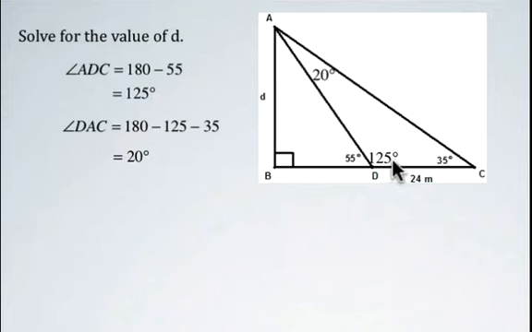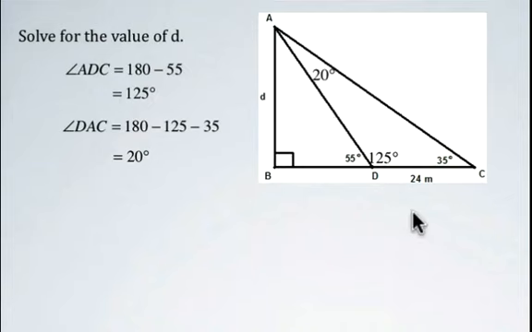So now we have the three angles in our triangle, and if we consider triangle ADC, we have a side and an opposite angle, or you can think of it as an angle and a corresponding side. We can use this angle, 35 degrees, in order to find the length of side AD.